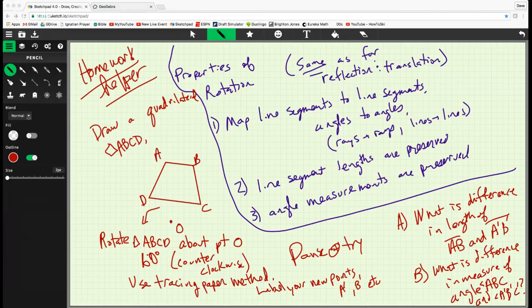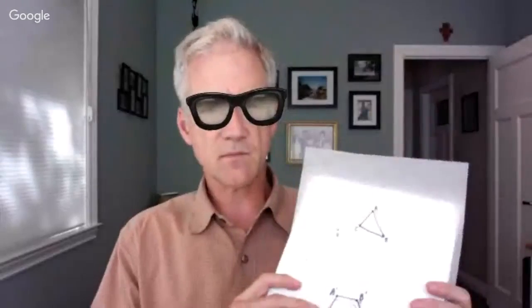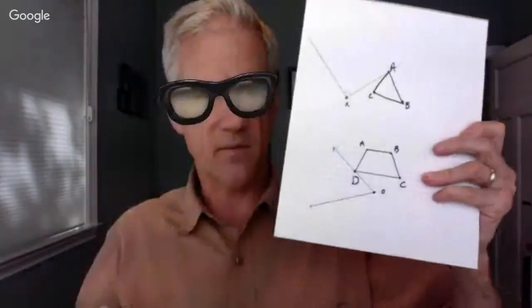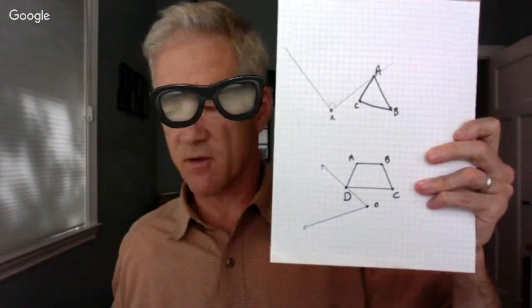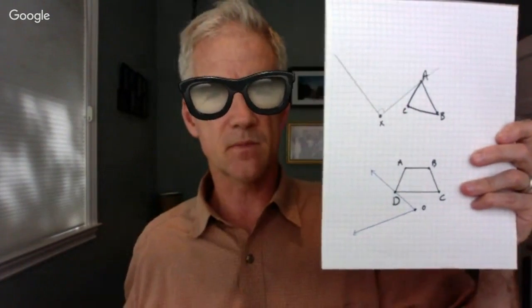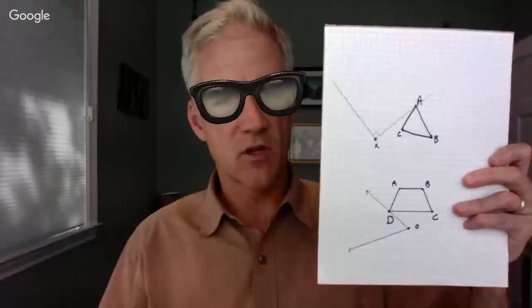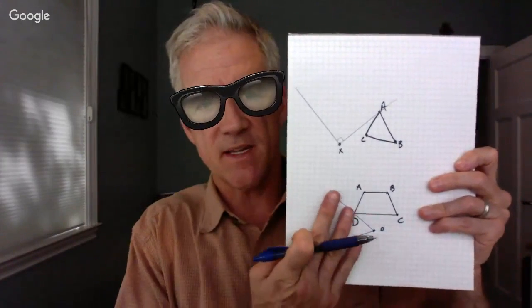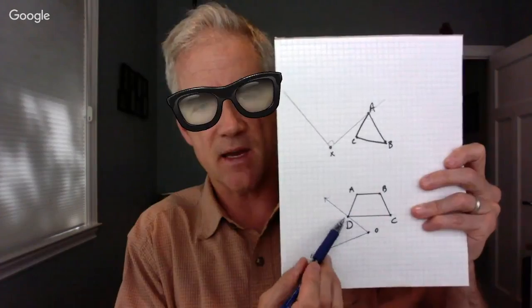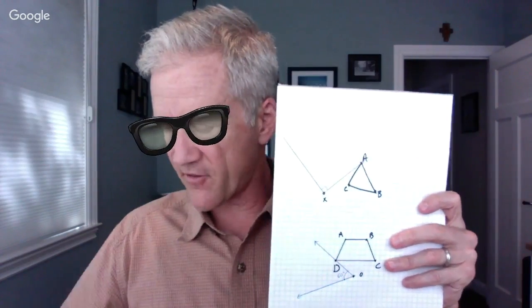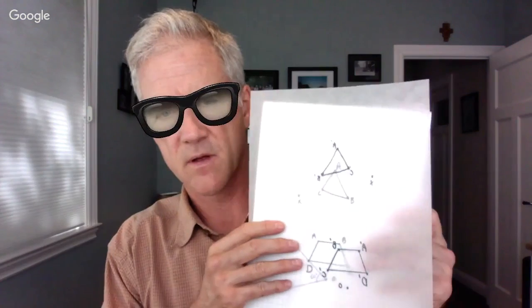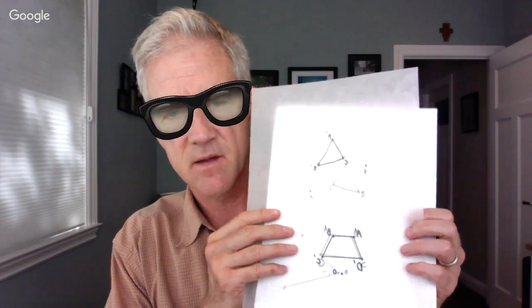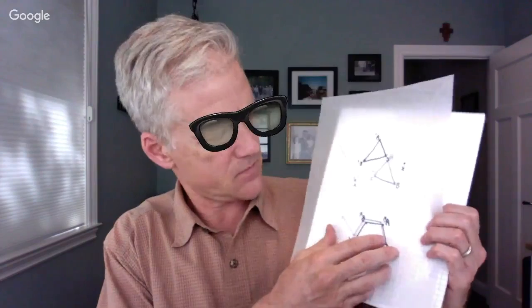So we're back on our Hangout. Hopefully you did this exercise, and so on the bottom here I have my quadrilateral ABCD. I drew my ABCD and chose a 60-degree angle off of point D. I made my tracing and put it straight on top.